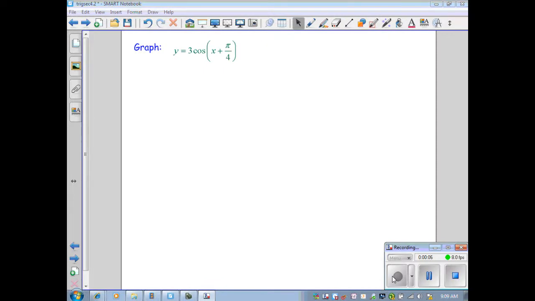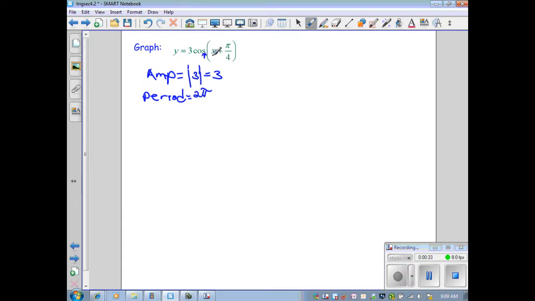y equals 3 cosine of x plus pi over 4. What we want to do first is to find the amplitude. The amplitude is the coefficient in front of our function, which is going to be the absolute value of 3, so it is 3. My period is going to be 2 pi divided by b, and here the value in front of my interior function is going to be a value of 1.